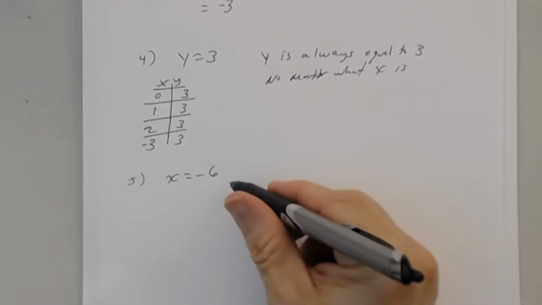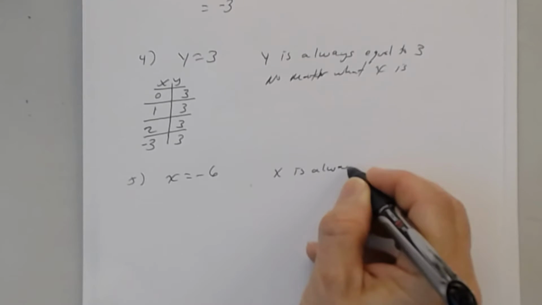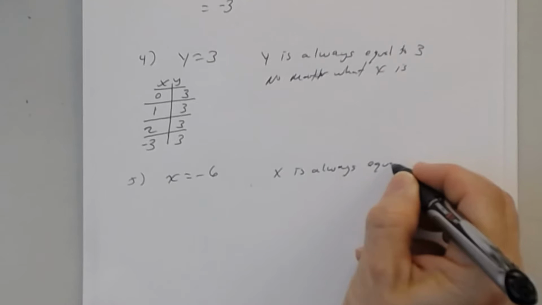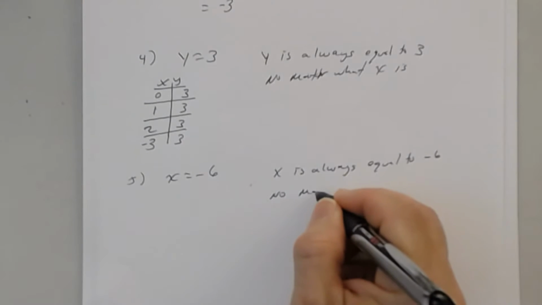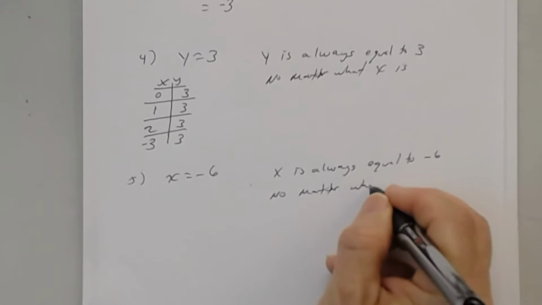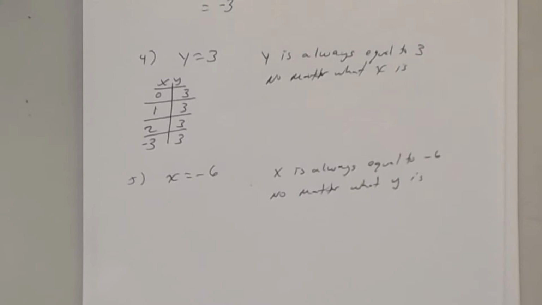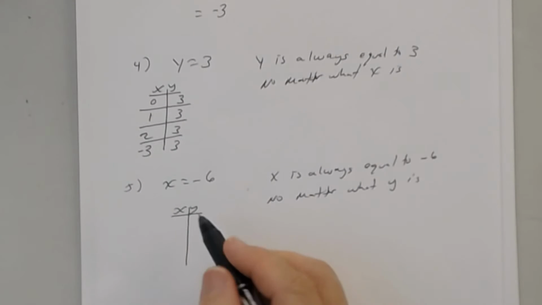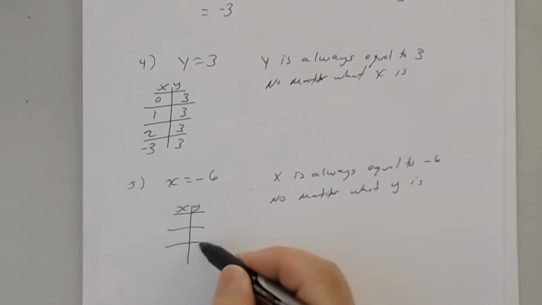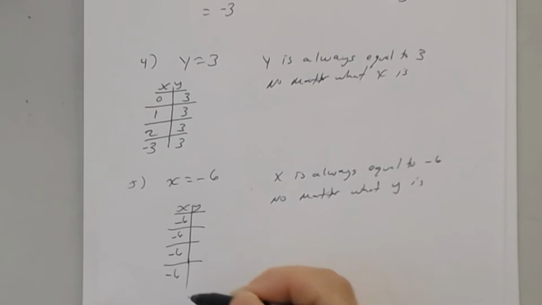So number 5 is saying that x is always equal to what? -6, no matter what y is. So compare that with number 4. In the t-table, for the x column, you're going to have what number? -6, all the way down, and so on, right?